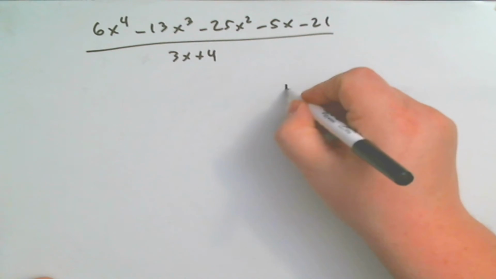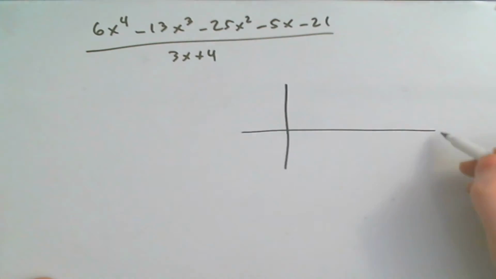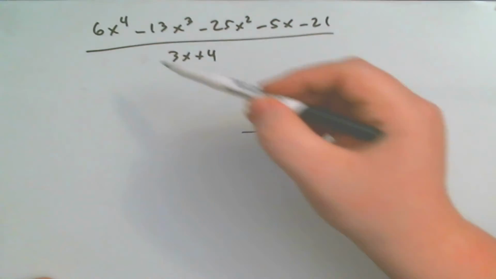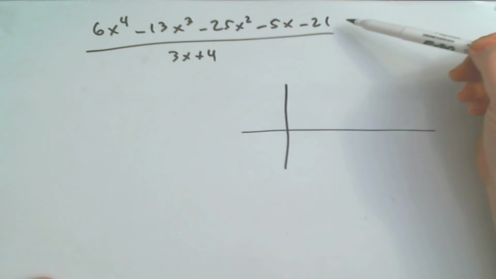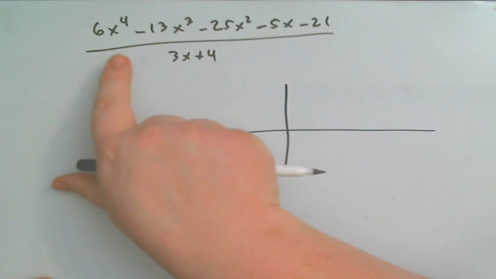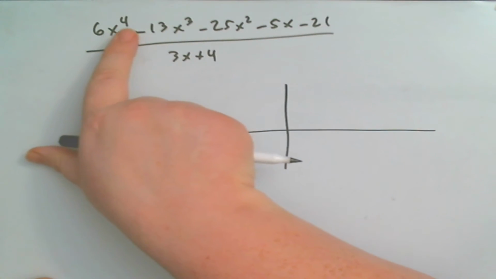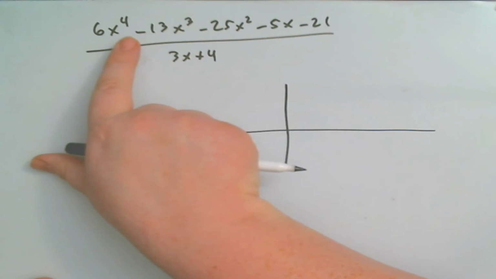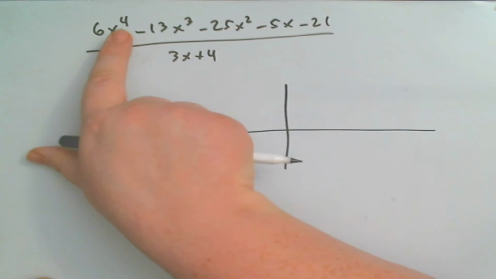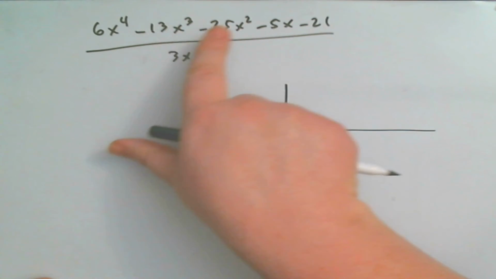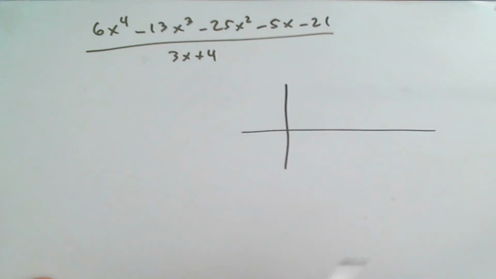So we're still going to set up our tableau as normal. We're still going to write all of our coefficients from the numerator. Make sure you write them in descending order and make sure that you don't miss a place value. This time it's a 4th degree polynomial, so we want to make sure we have the 4th coefficient, the 3rd coefficient, the 2nd coefficient, the 1st coefficient, and the constant number represented.